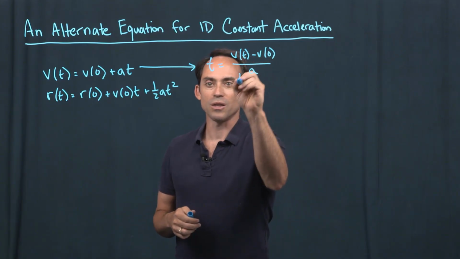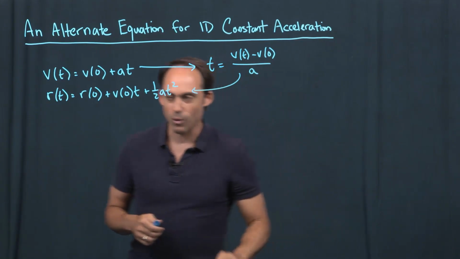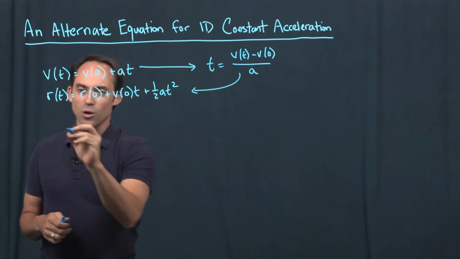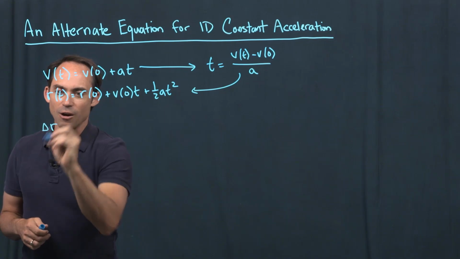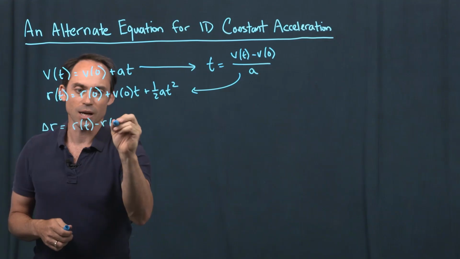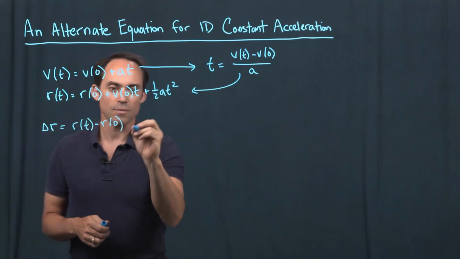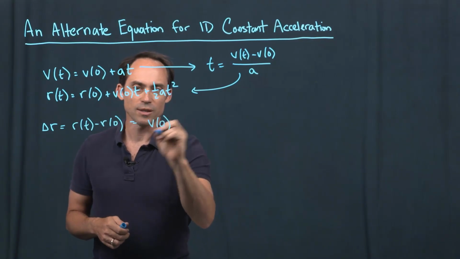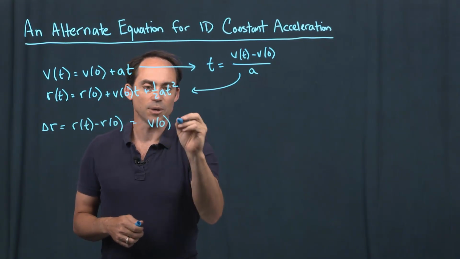And then we can plug this quantity back into our equation over here. If I take my position coordinates and define our displacement as delta r equal to r of t minus r of 0, I'm going to plug in my expression for time into the places where it appears in this equation.